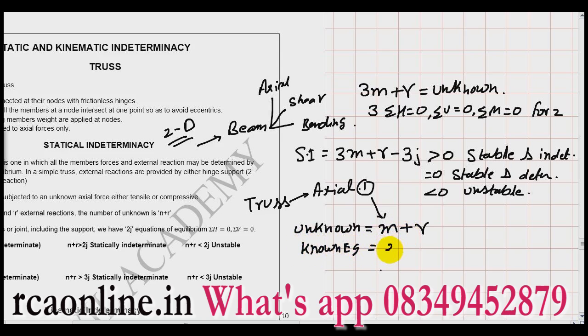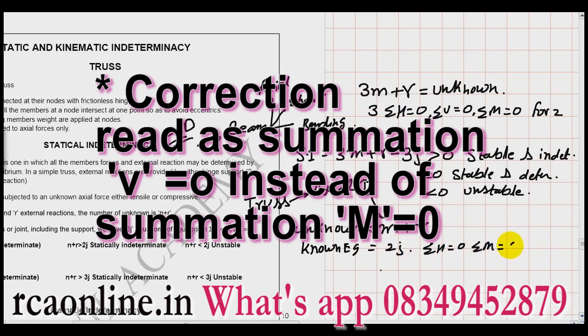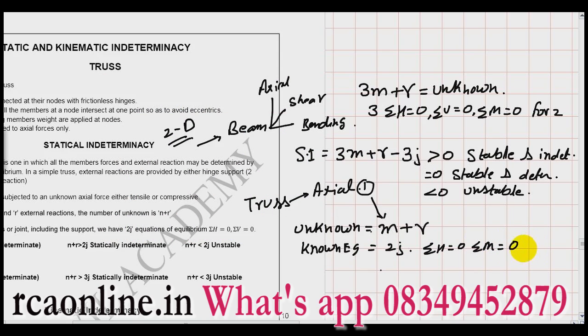And what is the known equation? Known equations are 2j. Since all the joints are pin jointed, we get summation H equal to 0 and summation V equal to 0 at each joint. Clear? So, what is the static indeterminacy? Static indeterminacy is m plus r minus 2j.